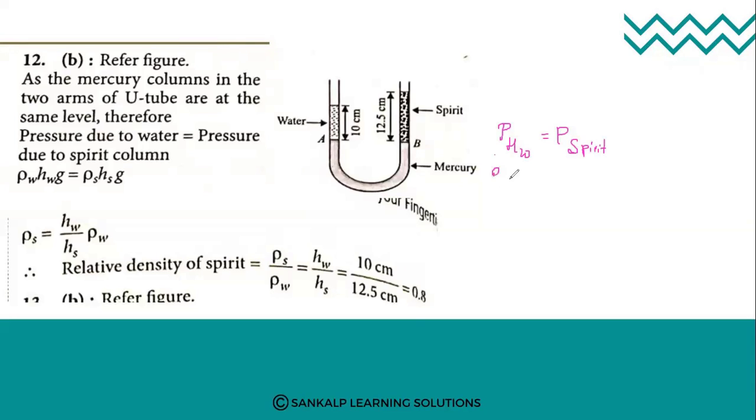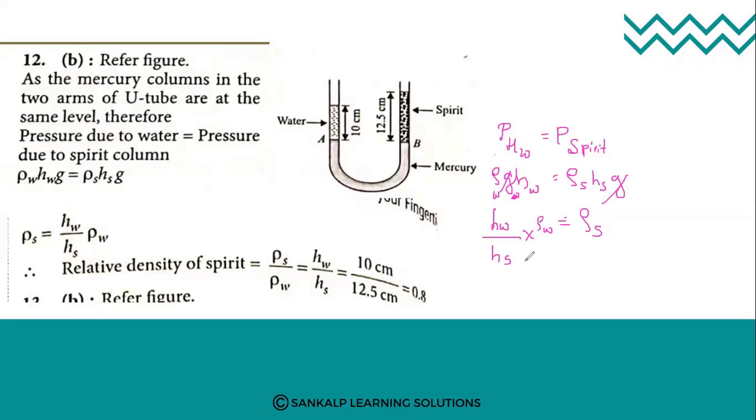So pressure is equal to rho gh. For water, I'll write it as, acceleration due to gravity will be same on both the sides. So here again it is rho gh. So g will get cancelled on both the sides. Therefore, the density of the spirit is equal to the height of the water to the height of the spirit into density of the water.